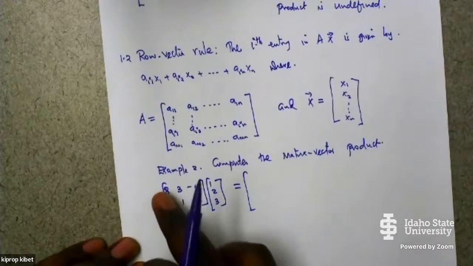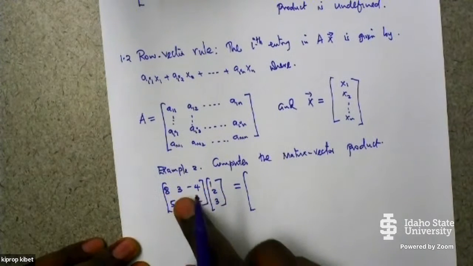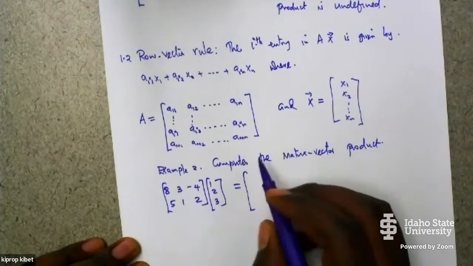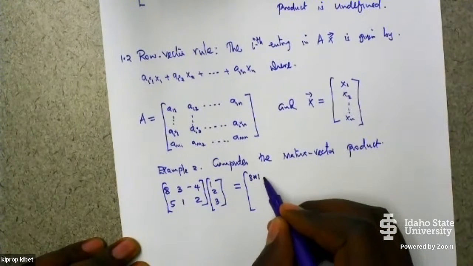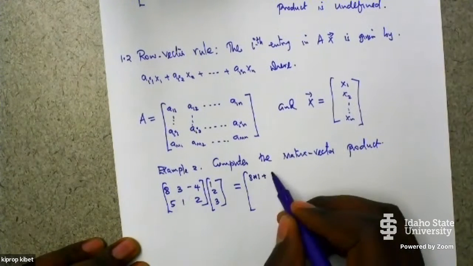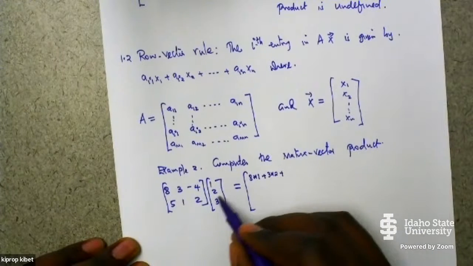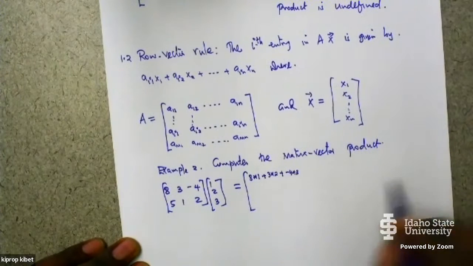We multiply 8 by x1 plus 3 by x2, so it is 8 multiplied by 1 plus 3 multiplied by 2 plus -4 multiplied by 3.